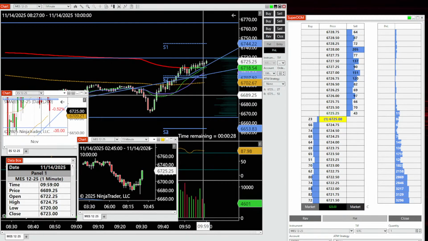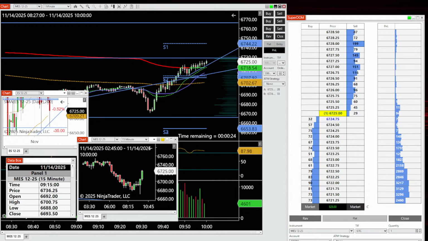It's going up to 67.30. All right, the high value node is 35.75.